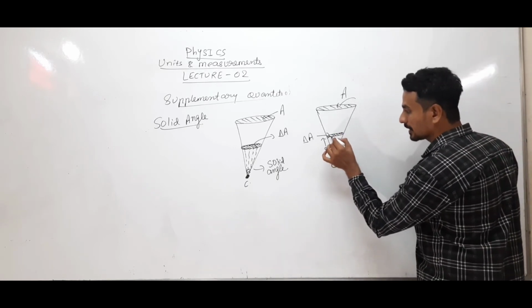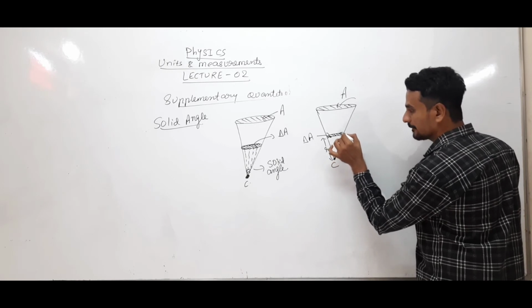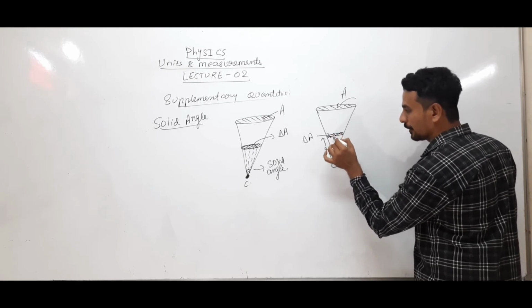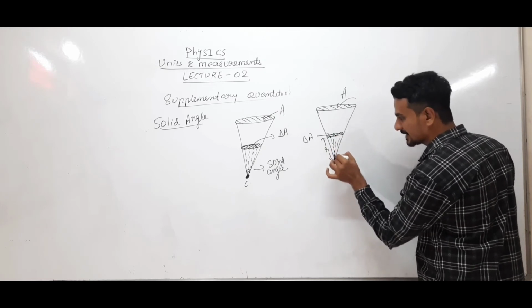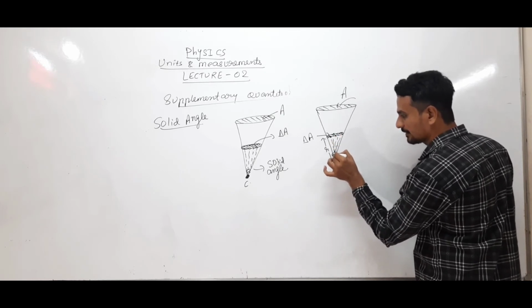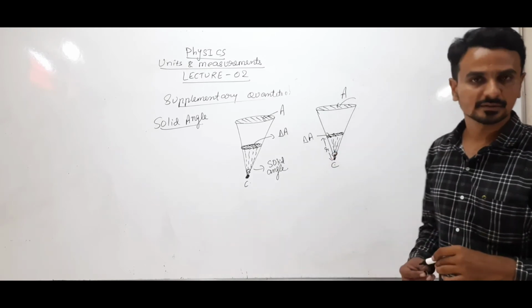So from the surface, if I am marking each and every point, and the points join at the center here, this angle is known as solid angle.